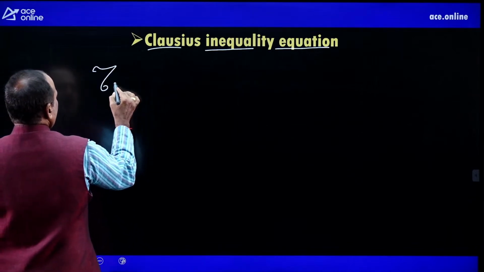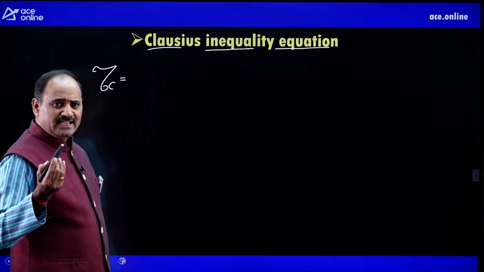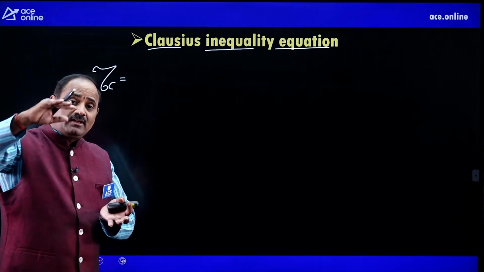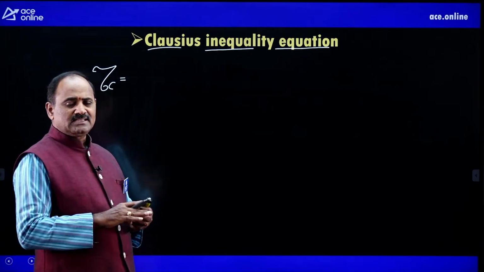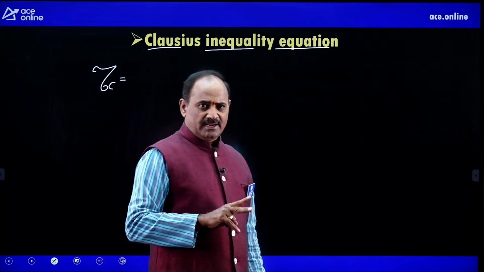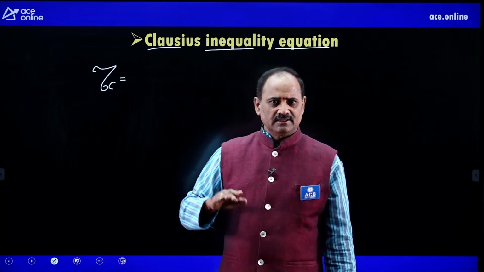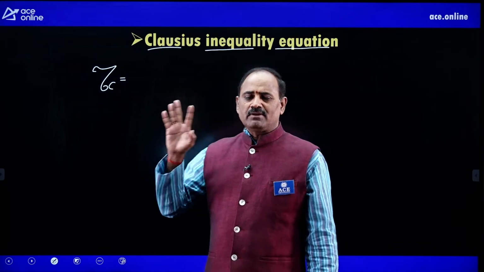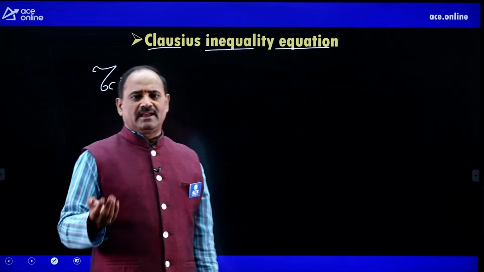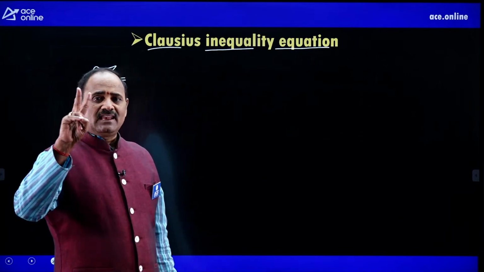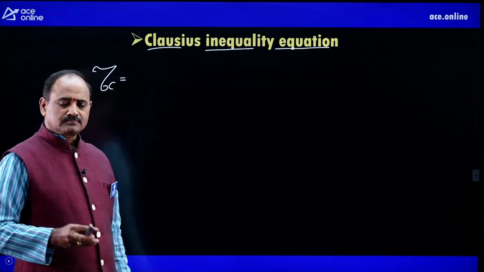You know the Carnot cycle efficiency, or reversible cycle efficiency, operates between two temperature limits, a maximum temperature and a minimum temperature. Since the Carnot cycle has only two temperature limits, it can also be called a 2T cycle or constant temperature cycle.